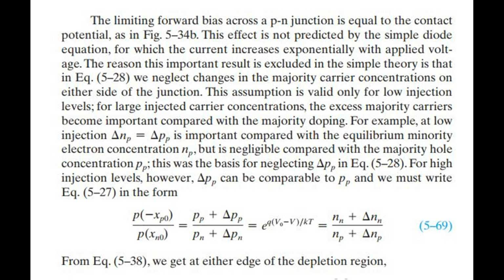For high injection levels, however, the excess hole concentration can be comparable to the hole concentration, and we must write EQ 5.27 in the form. From EQ 5.38, we get at either edge of the depletion region.